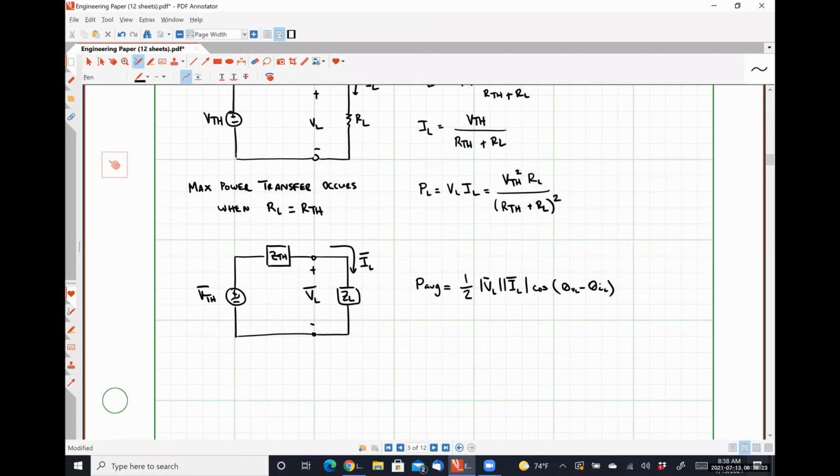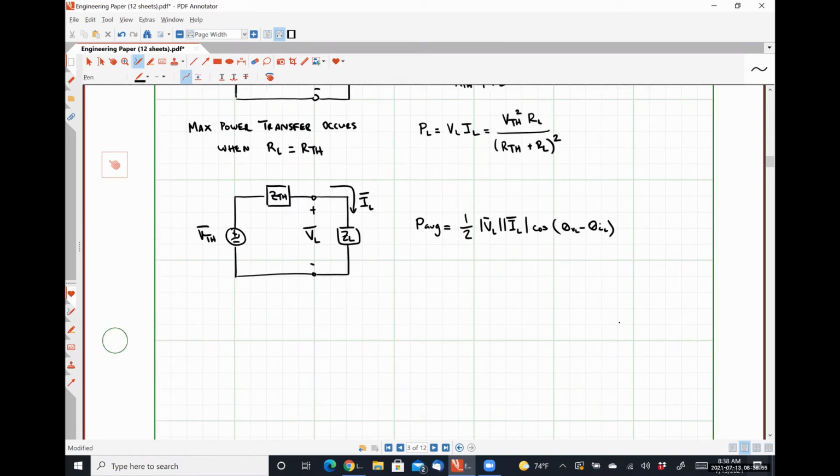Okay. So what we're going to do now is spend some time figuring out what the magnitude of VL is in our system and how it relates to our Thevenin voltage and our Thevenin impedance. Similarly, how the magnitude of the current IL relates to our Thevenin voltage and Thevenin impedance. And then also how the cosine of theta VL minus theta IL relates to our Thevenin voltage and Thevenin impedance.